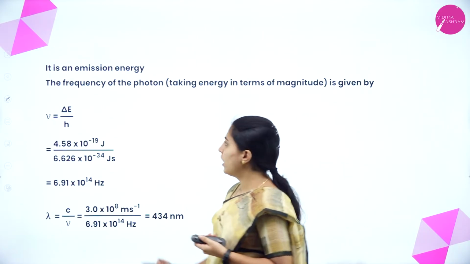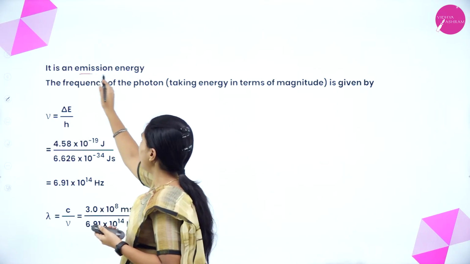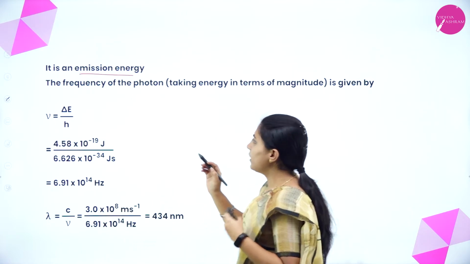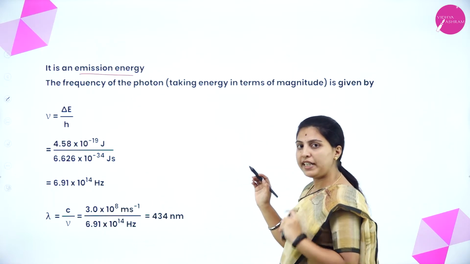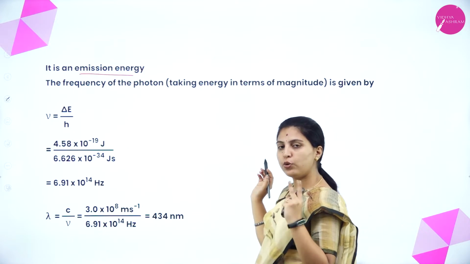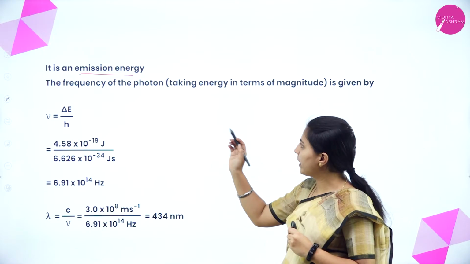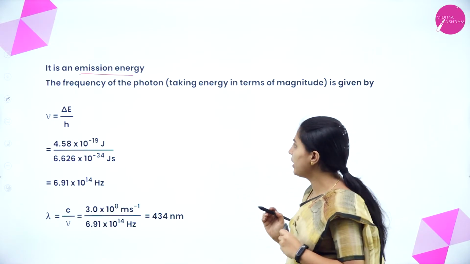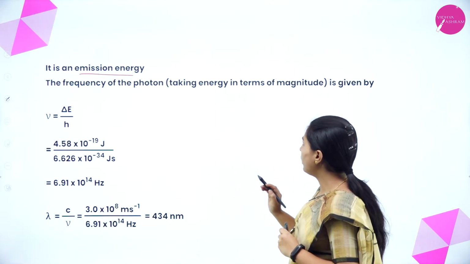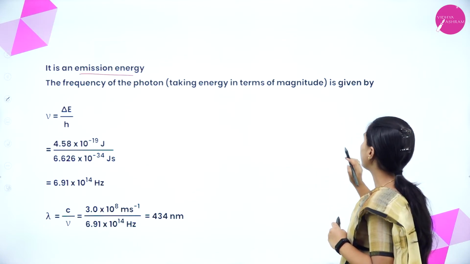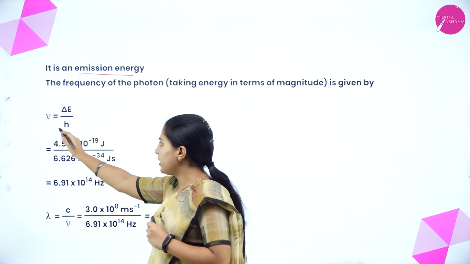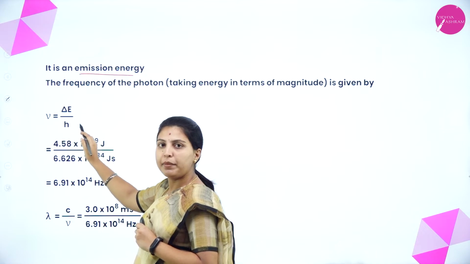And again, we will see the emission energy in that. That is an emission energy because it has a minus sign. We already know two cases. If initial is greater than final, we get the negative sign, that is emission energy. The frequency of the photon, taking energy in terms of magnitude, is given by frequency nu equals delta E by h.